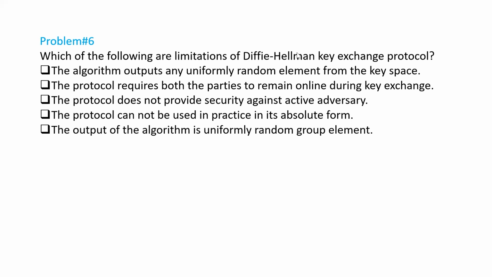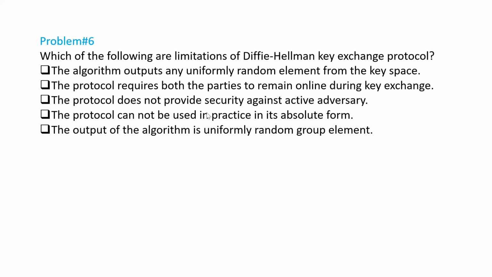One, the algorithm outputs any uniformly random element from the key space. Actually, yes, 2, right. 2 is correct. That is a limitation, that during Diffie-Hellman key exchange, both the parties have to be online.